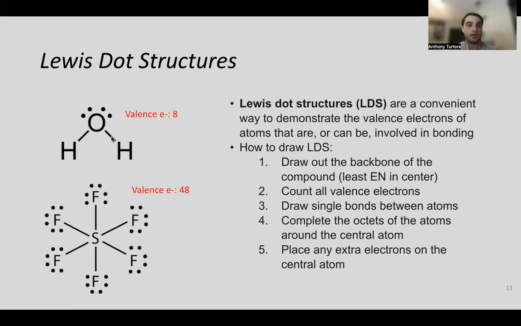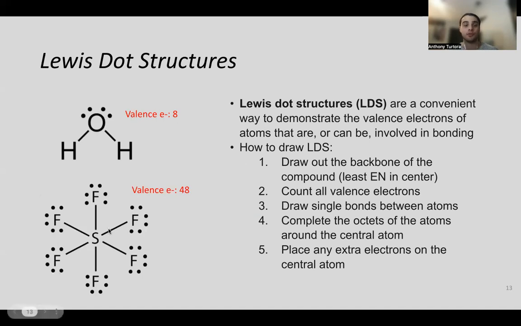So we're counting 1, 2, 3, 4, 5, 6, 7, 8. And then for SF6, we count 1, 2, 3, 4, 5, 6, 7, 8, 9, 10, and then counting all of the valence electrons on the fluorines, which equals 48. We get these values from the periodic table.